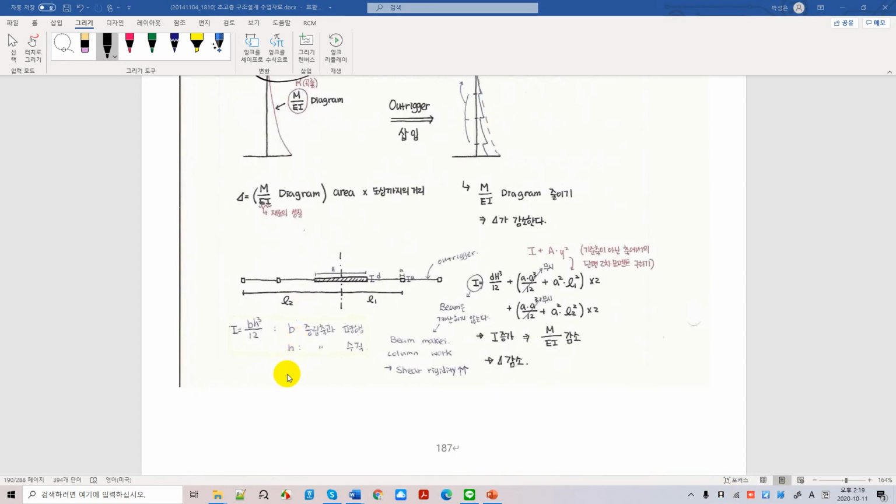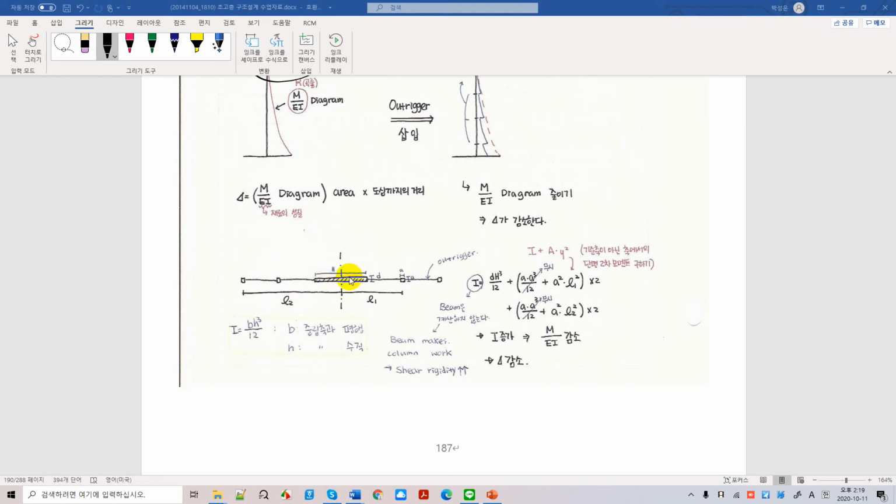Let's take a look briefly at why your moment demand decreases. The outriggers are installed here, from here to here, and this is the existing shear walls, if you will.